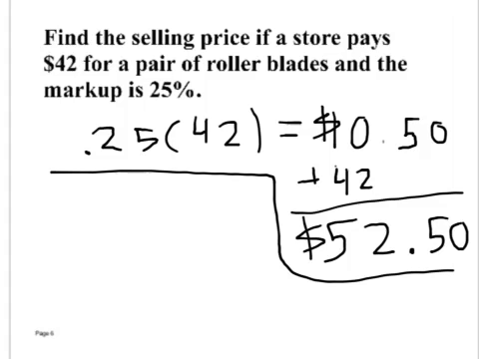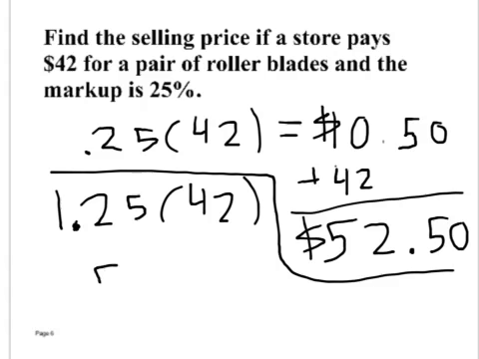So what I'm going to do is take 125%, or 1.25, and multiply it by my original price of 42, because I've raised it 25%. So my selling price is going to be 125% of 42. Well, 1.25 times 42. Guess what? It's 52.50.